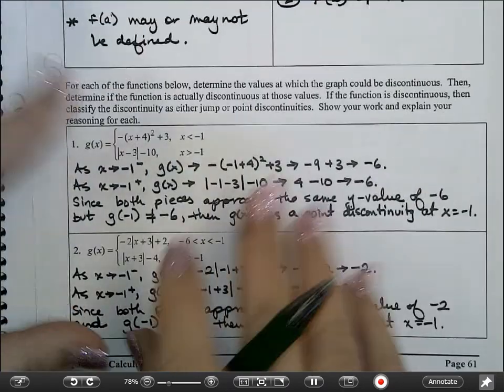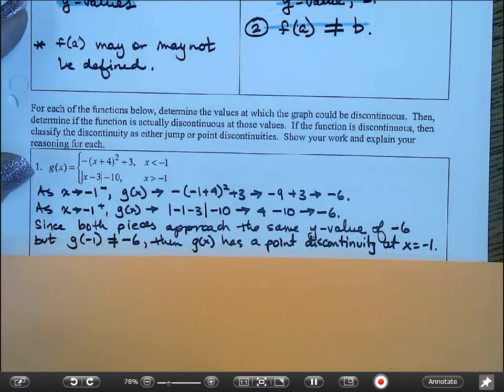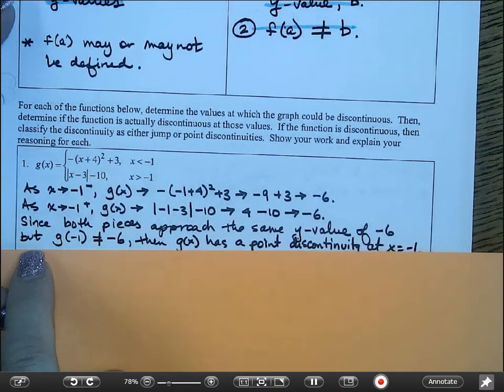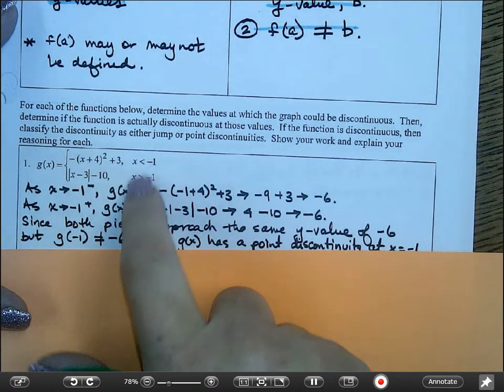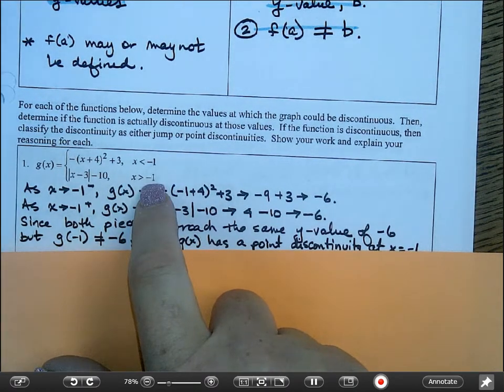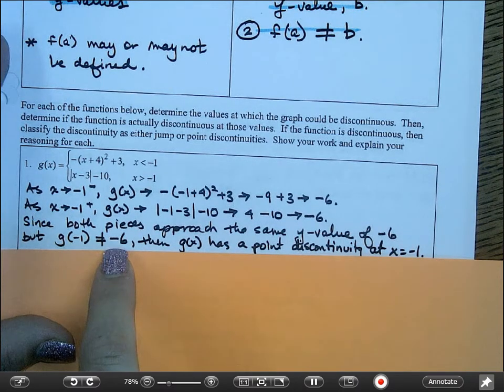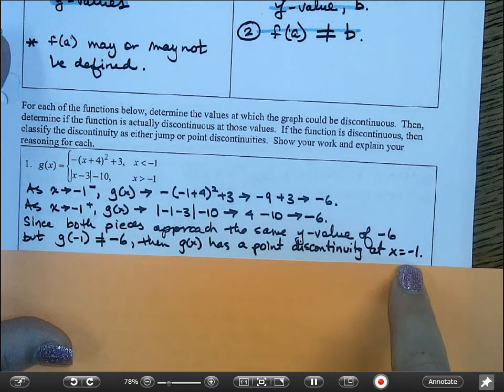So since both pieces approach the same y value of -6, but g of -1 doesn't equal -6, because I don't have anywhere where I could plug it in, it doesn't allow me to plug -1 into either function. So I know that g of -1 doesn't equal -6. Then g of x has a point discontinuity at x equals -1.